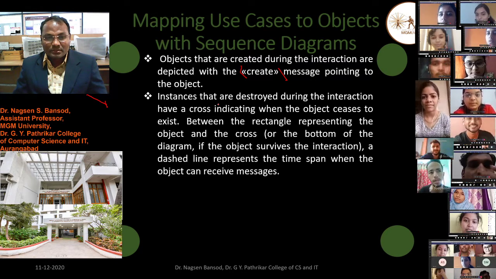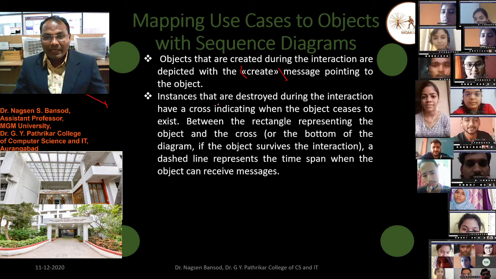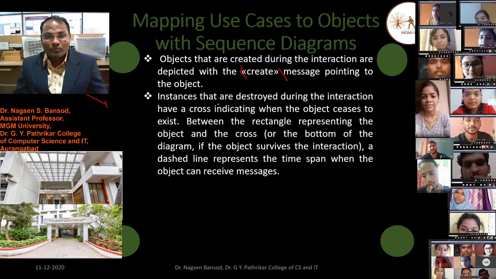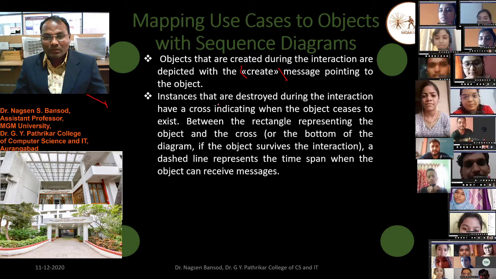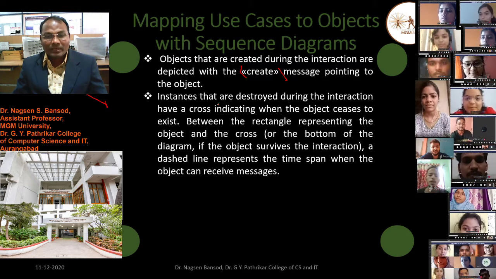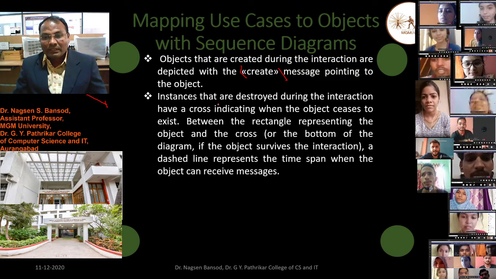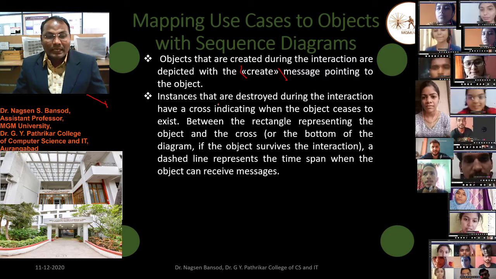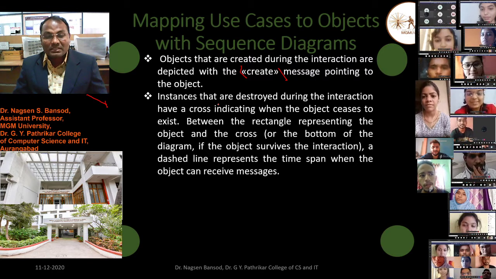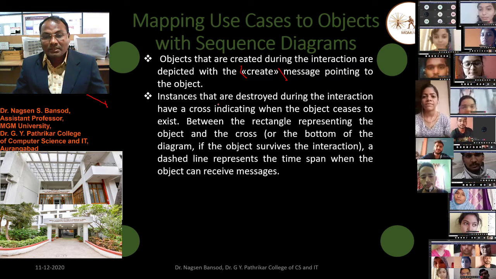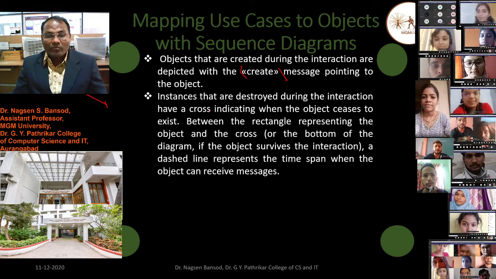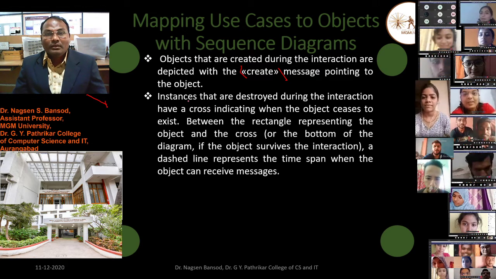Between the rectangle representing the object and the cross, or the bottom of the diagram if the object survives the interaction, a dashed line represents the time span when the object can receive messages.